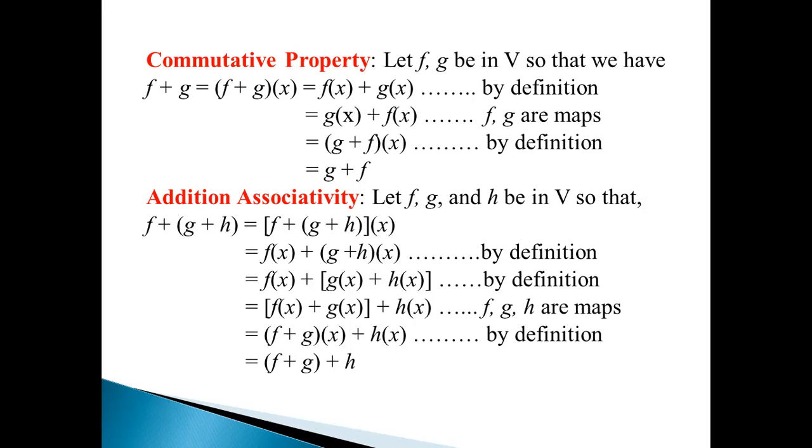To show associativity, you consider three of these maps, f, g, and h in V, and do some non-strenuous algebra following the definition of addition given. That will comfortably lead you to show that indeed these three maps are associative.